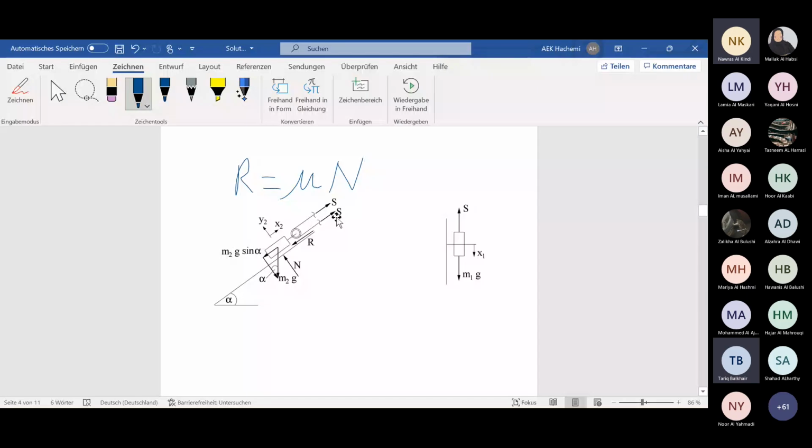When we look here now, what we have along this direction, x2, we have 2 times s. We have here minus m2g sine alpha, and we have here minus r. This is the equilibrium. Let's say we take them as external forces. And after this, we have to do the same in the y direction, let's say the y2 direction.